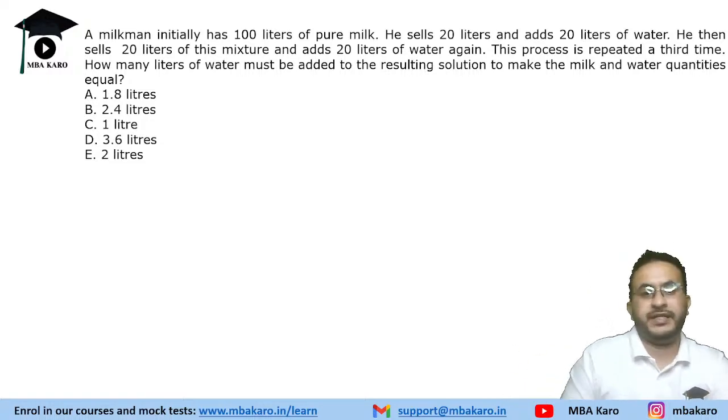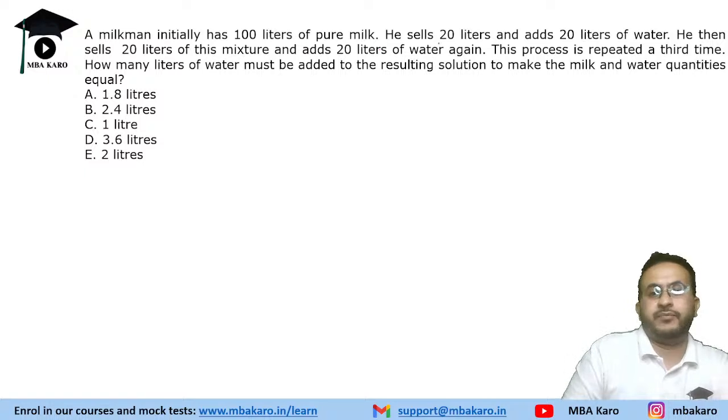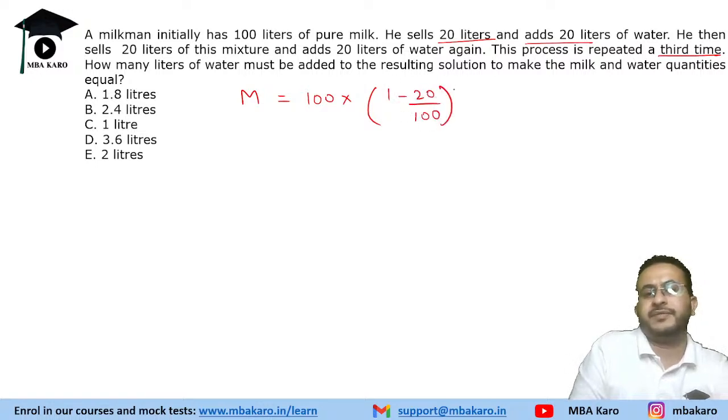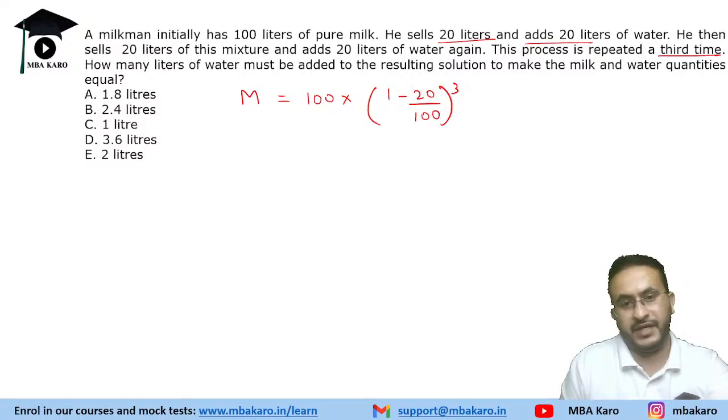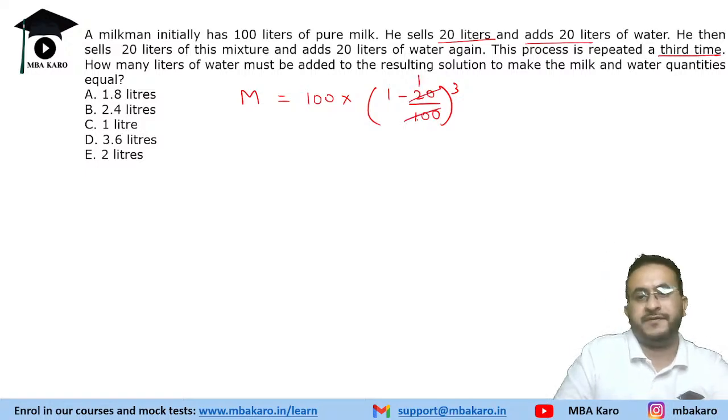So the formula is like he's removing 20 and adding 20, right? It is doing a third time. So what is the volume of milk? Milk will be 100 liters into 1 minus 20 by 100. And how many times? 3 times, right? So this is 1/5. That is 100 into 4 by 5 3 times.